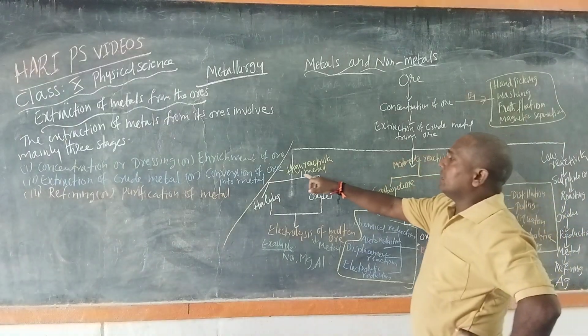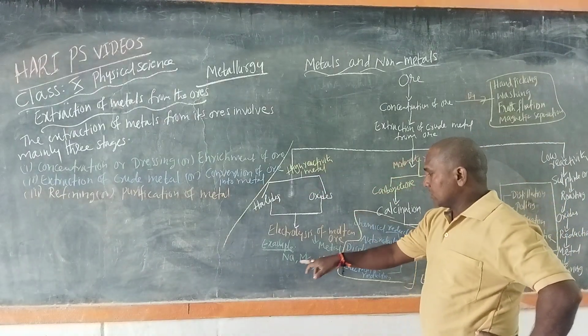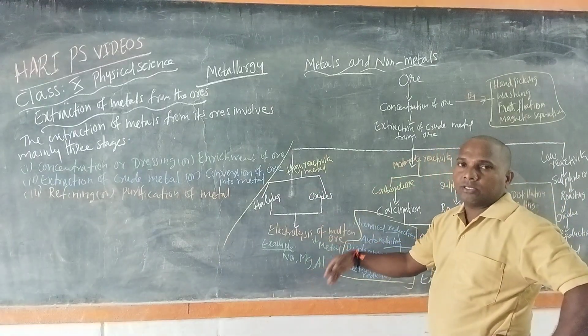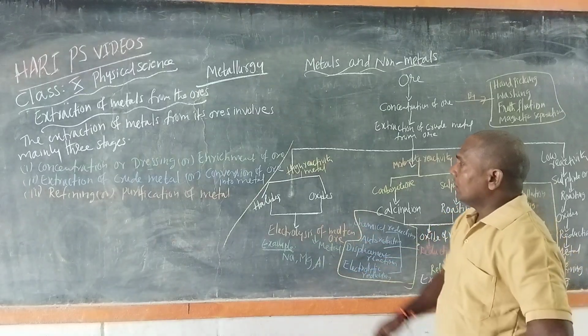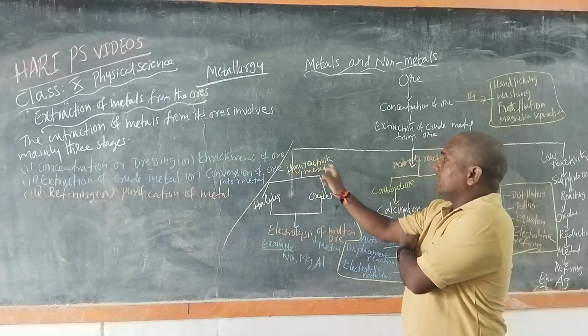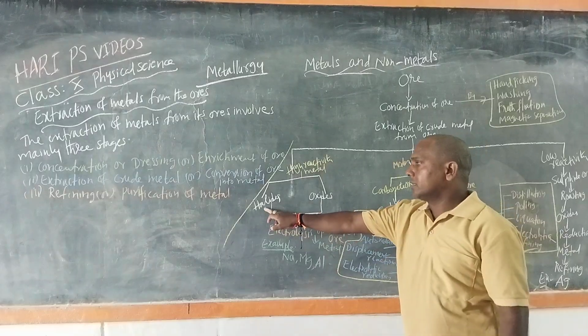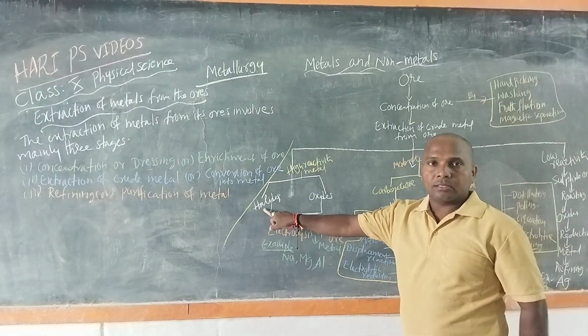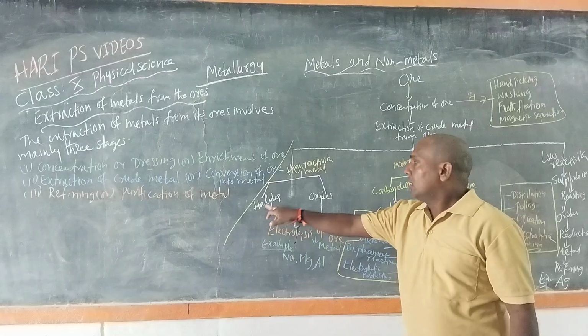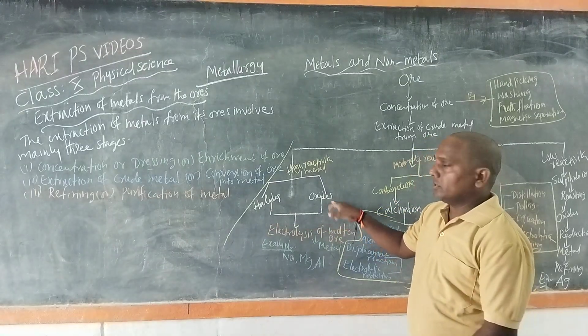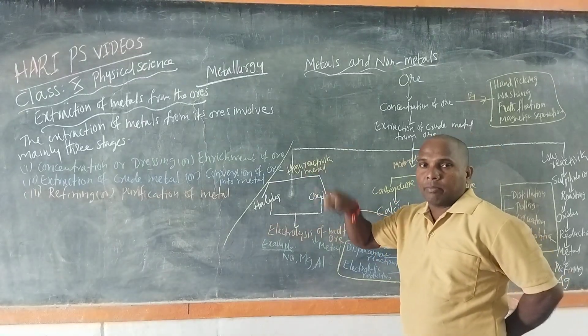In case of highly reactive metals like sodium, potassium, magnesium, aluminum, they are generally combined as halides, that is chlorides and fluorides, or oxides.